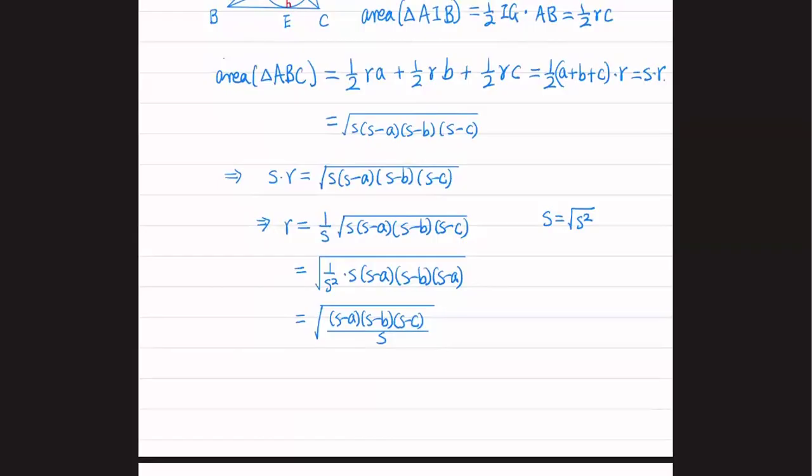Okay, so we find the radius of the circle.